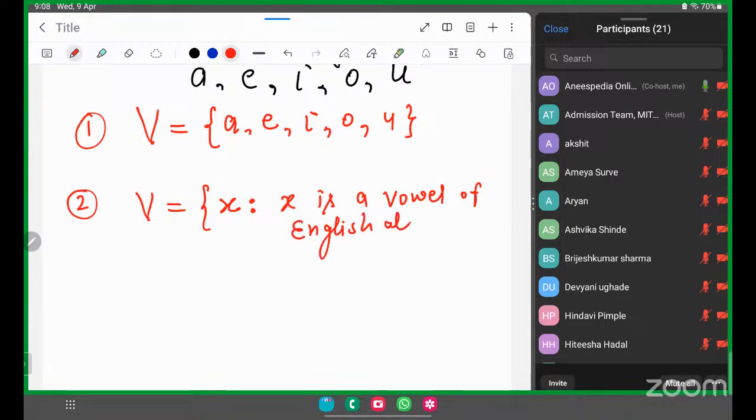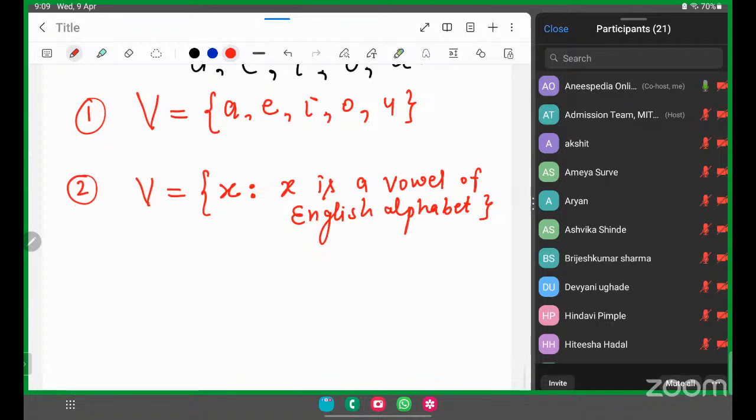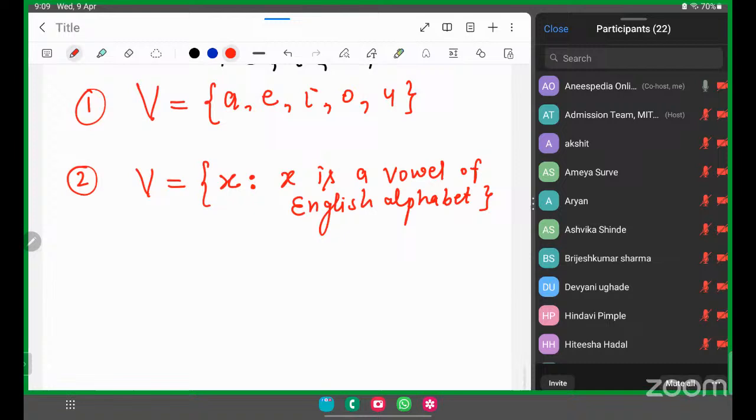This set gives us the same information as the first. In this case, we take an alphabet and look at its property, whether it is a vowel or not. If it is, we put it into the set, and if not, we exclude it. Understood? So there are two methods.